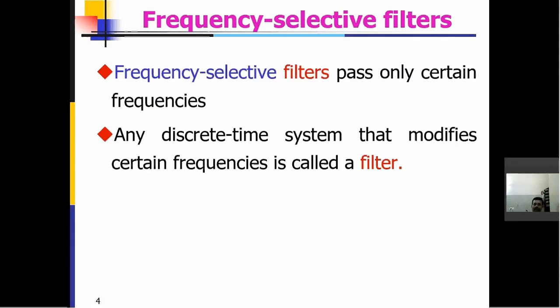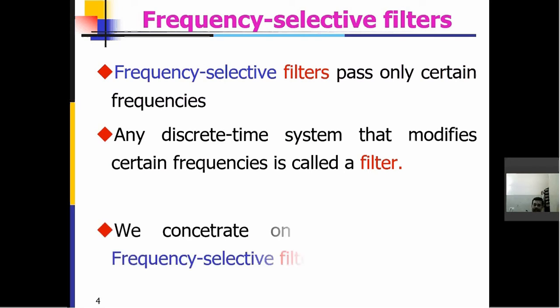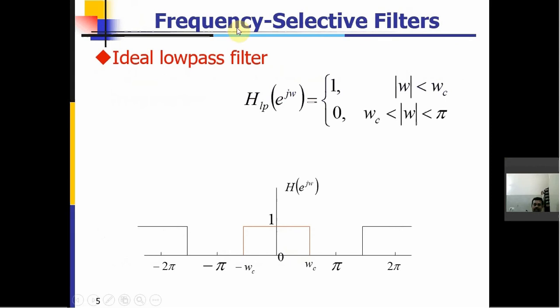Now the frequency selective filters. The frequency selective filters pass only certain frequencies. Any discrete system that modifies certain frequencies is called a filter. We concentrate on the design of causal frequency selective filters. First we are going to see the frequency response of the low pass filter, the ideal low pass filter.